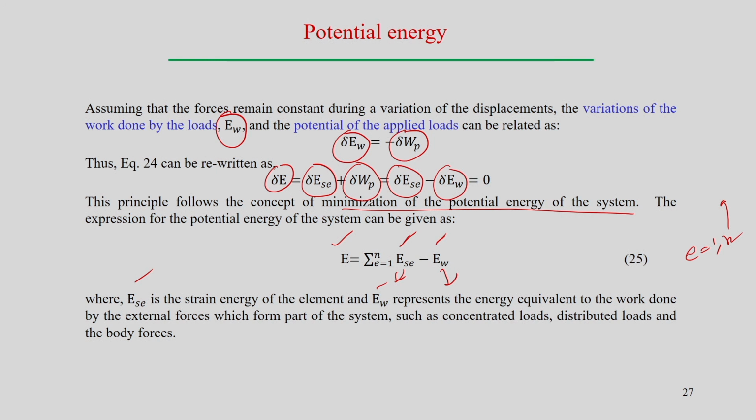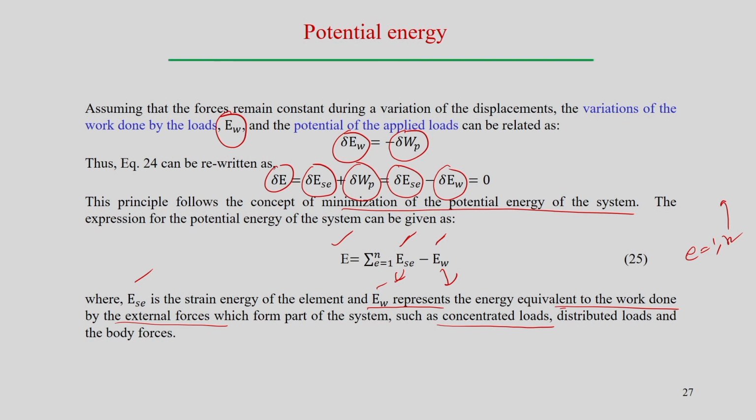So, EW represents the energy equivalent to the work done by the external forces. The system may be subjected to some sort of concentrated load, in general, and it may be subjected to a distributed load also, and may be subjected to body forces also.